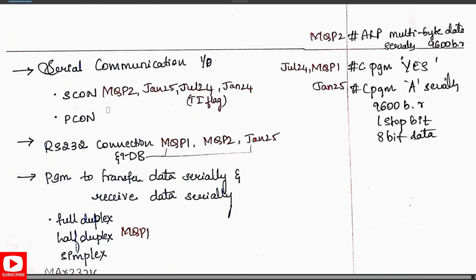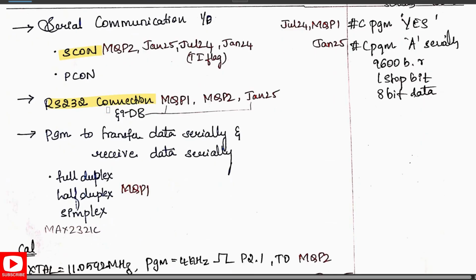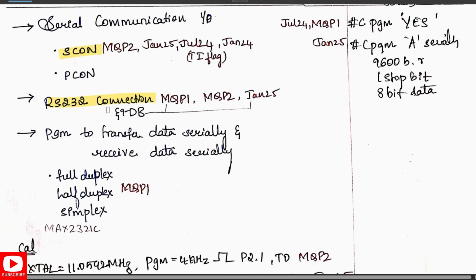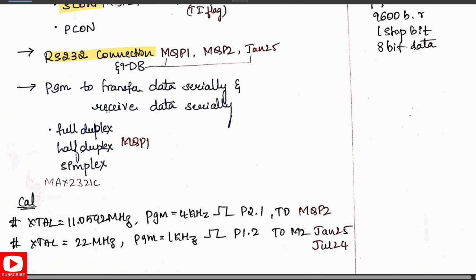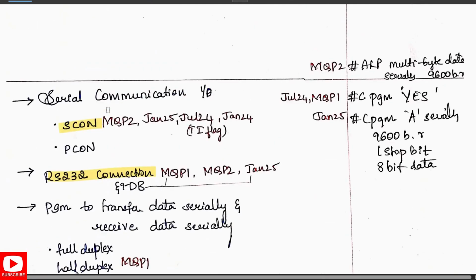Next, in part 2, I'll continue with serial communication input or output, that is SCON, and then the RS-232 connection, then the program to transfer data serially and to receive the data serially, and also full duplex, half duplex, and simplex, and also the two majorly asked problems. Also you have to learn the ALP programs and the C programs.